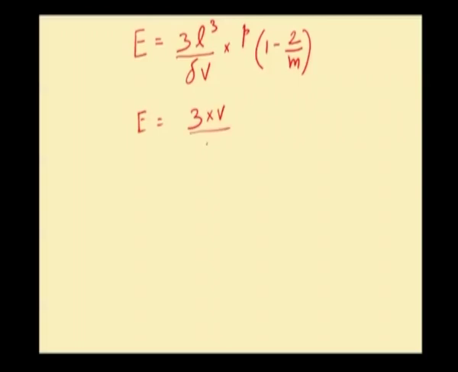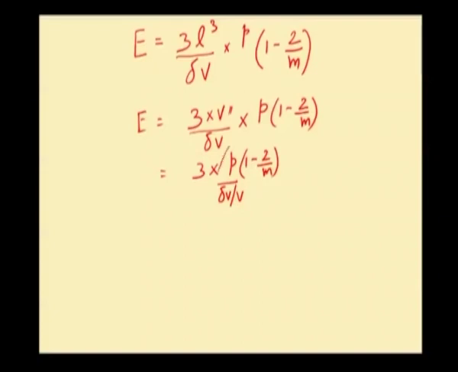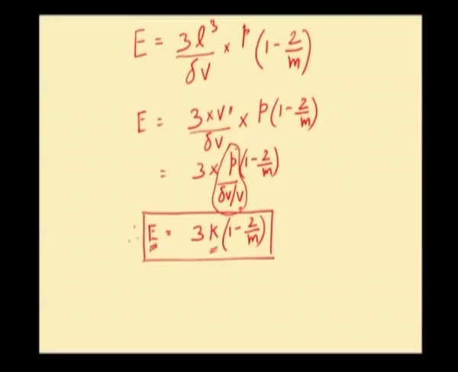So, 3 into volume V divided by delta V into small p into 1 minus 2 by M, or 3 into p into 1 minus 2 by M divided by delta V divided by V. Direct stress p divided by delta V by V, the volumetric strain, is our bulk modulus K. So, therefore, E will be equal to 3 into K into 1 minus 2 by M. So, this is the relationship between Young's modulus of elasticity and bulk modulus.